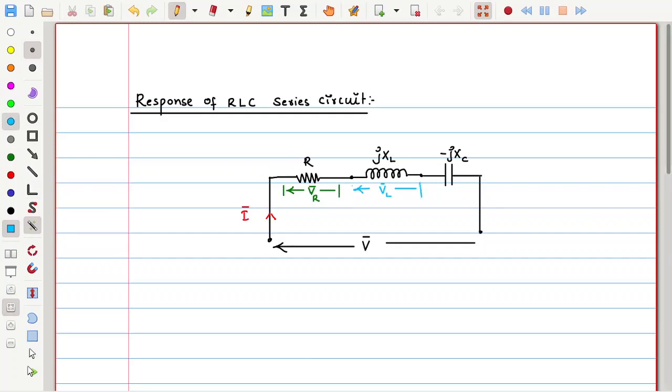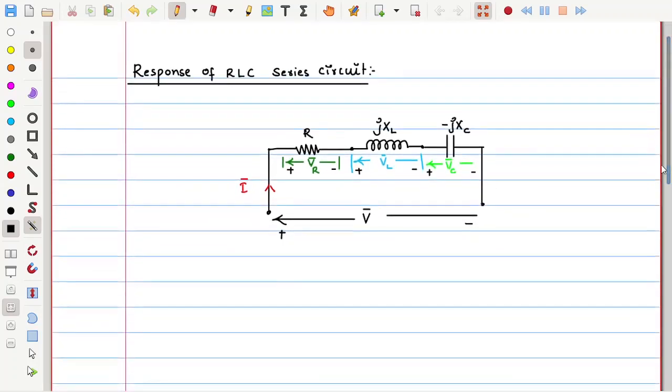Everything is in phasor, try to observe. And we see the voltage across the capacitor as VC bar. These arrows represent that the arrowhead is positive and the non-arrowhead is negative. In a DC system, as in AC, the arrowhead points to the positive and the non-arrowhead to the negative. So this is the series RLC circuit.